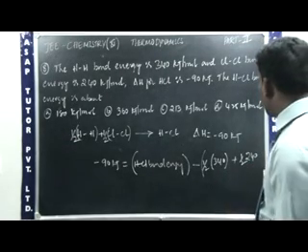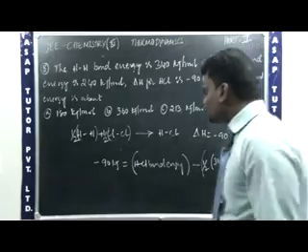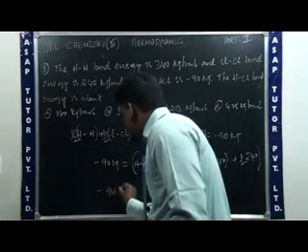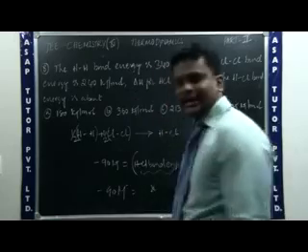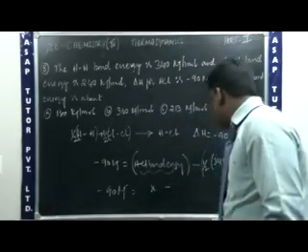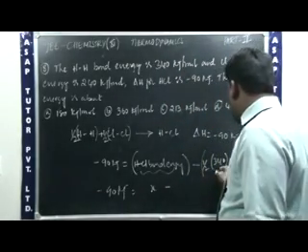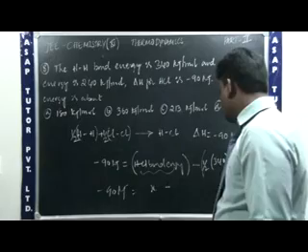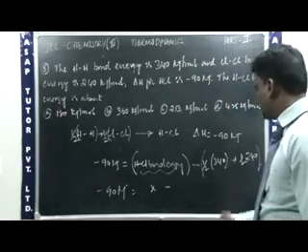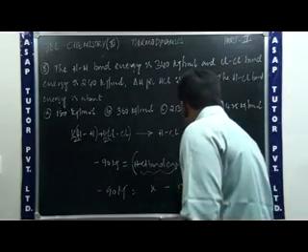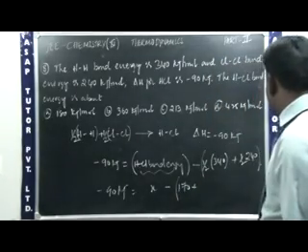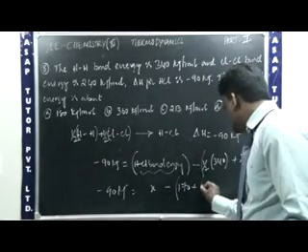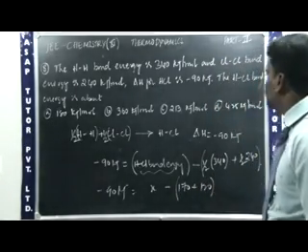Now this is minus 90 kilojoules per mole. This we need to find out, take it as X. Minus 340 by 2 will become 170, plus 240 by 2 will become 120 kilojoules per mole.